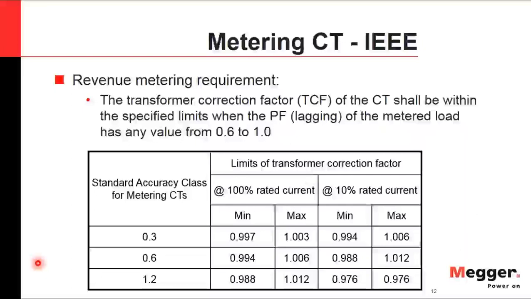As you can see on the table, we look at the 100% rated current, and the values go 0.3% minimum, maximum. If we go at 10% rated current, the allowable error is twice that number. So we can see here that for a 0.3 class at 10% rated current, the maximum and minimum error is 0.6%. And you can see the same effect goes for the following accuracy classes.